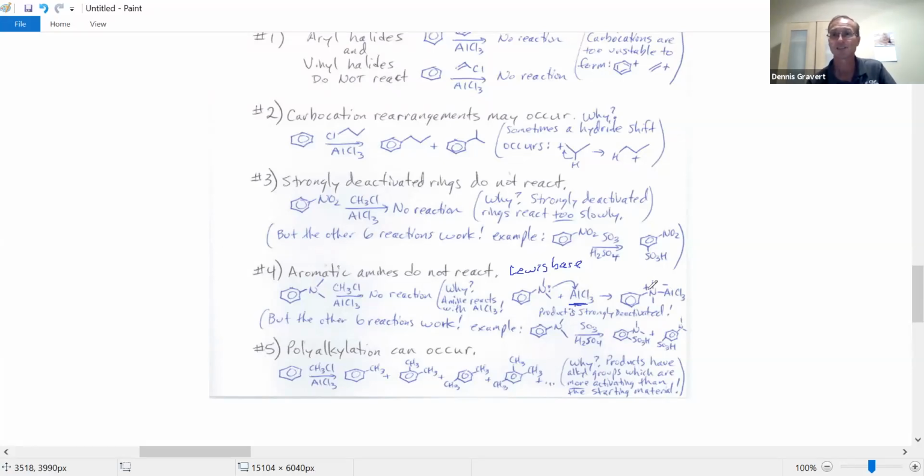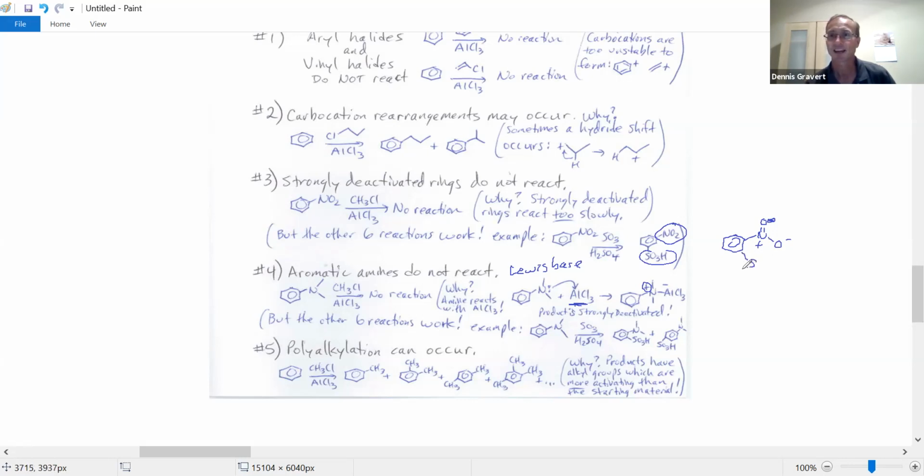More importantly, nitrogen then makes 4 bonds and has a positive charge. And that is a feature of metadirectors. The atom attached to the ring possesses a positive charge. I don't know why I put a minus sign there. That's neutral. Here's a minus sign.